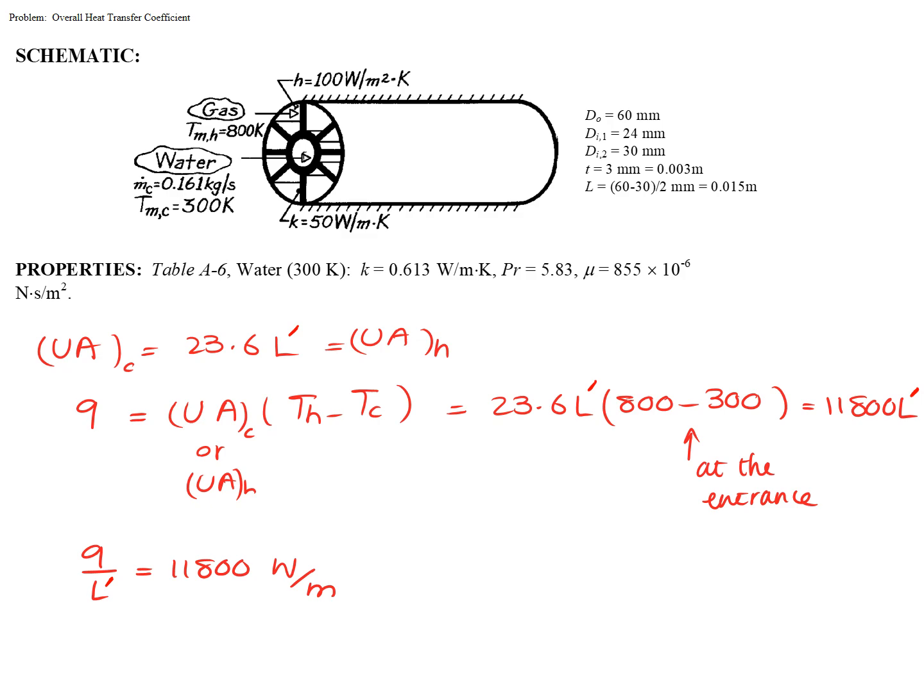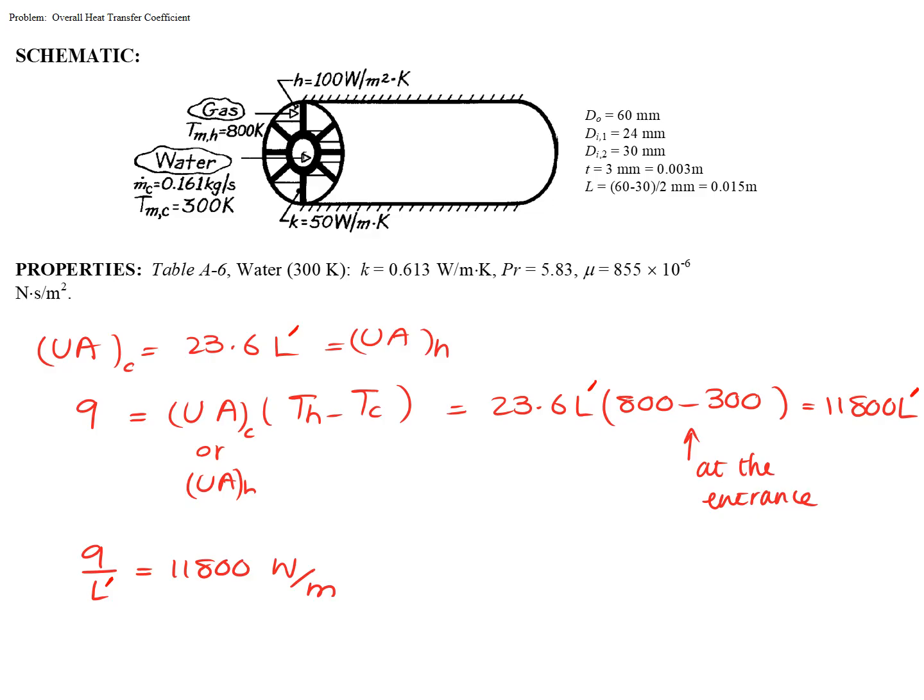We don't know what the outlet temperatures are, so there's no way we can use, for example, the logarithmic mean temperature method or any method to figure out what the mean temperature for the hot gases and for the water is over the length of the tube to be able to calculate this heat flow rate. That's why we're going to make an assumption by saying that the temperature of the hot gases is 800, and for the water, we're just going to take the inlet temperature. Again, this is not a suggested method for every other heat exchanger analysis. We only do this because we have no better information.